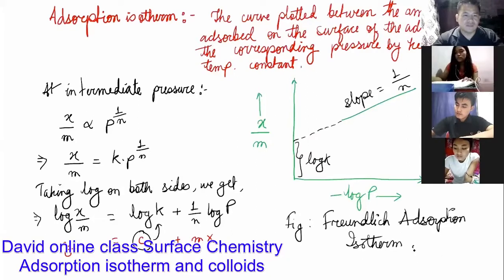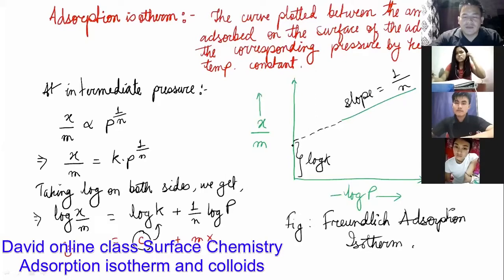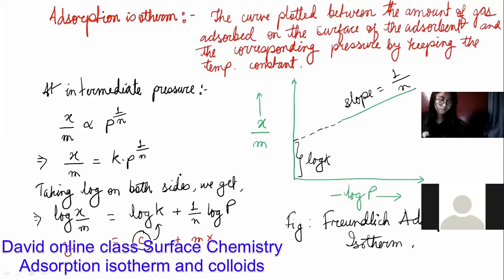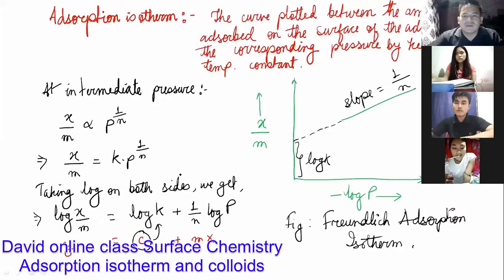The graph of pressure versus extent of adsorption is called the adsorption isotherm. The only thing is that temperature should be kept constant. It takes the equation y equals mx plus c: log x by m equals log k plus 1 by n log p.